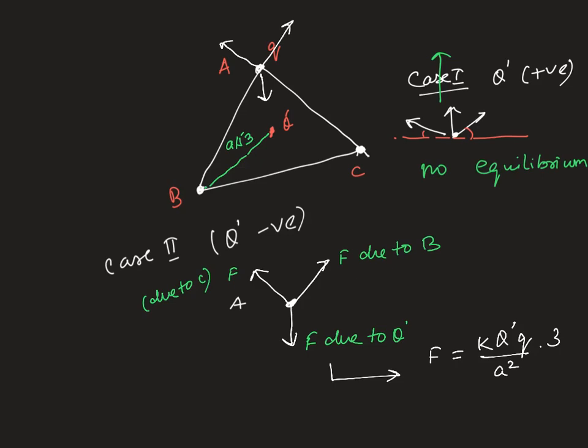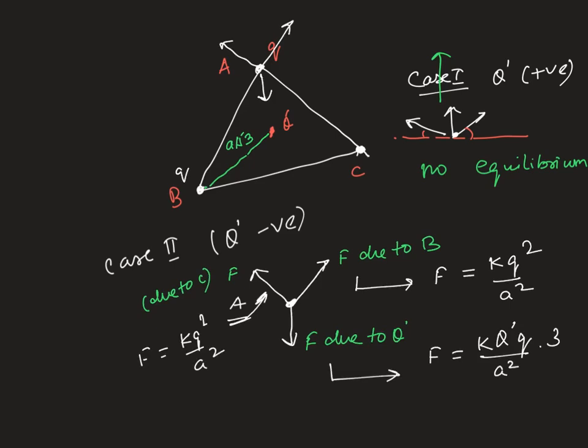And what will be the force due to B? That will be F equals K Q squared, because both these charges are equal, Q and Q, Q squared upon a squared. The force due to C here will be the same, F equals KQ squared upon a squared.